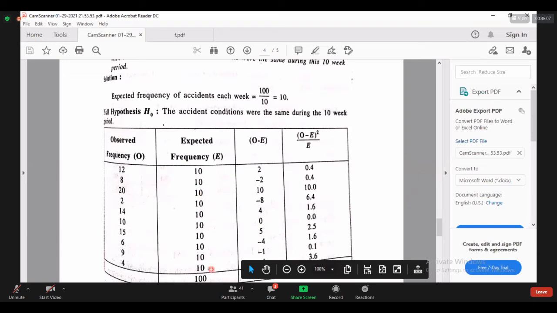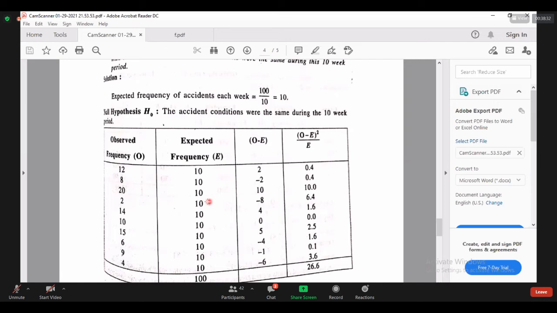Total 10 weeks of data. After that, in the next column, we find Oi minus Ei. See, 12 minus 10 is 2. 8 minus 10 is minus 2. Next, 20 minus 10 is 10.